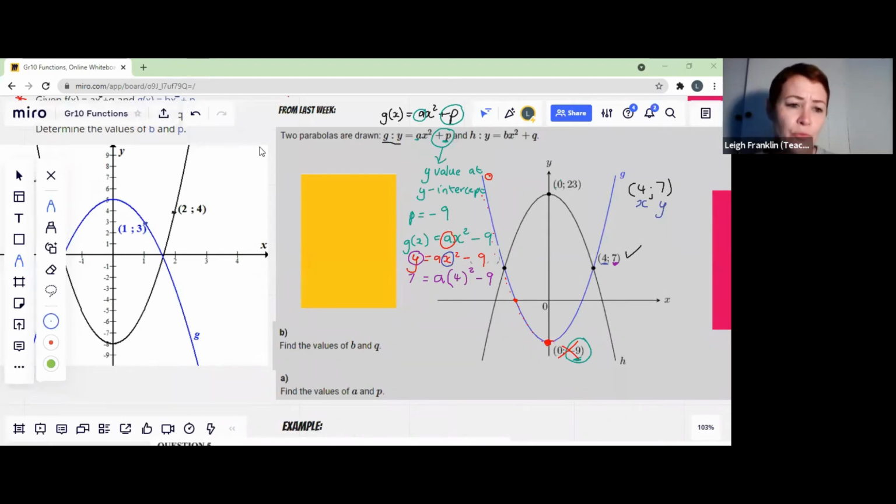Do you know how to rewrite that? Ma'am, I'm not sure. Are we supposed to bring the a to the other side? You can if you want to, Ria Betsy, but you don't have to do that straight away. The most important thing for you to do is to know what you need to multiply the a with. Do you know what you need to multiply the a with? With the 4 and the 2.